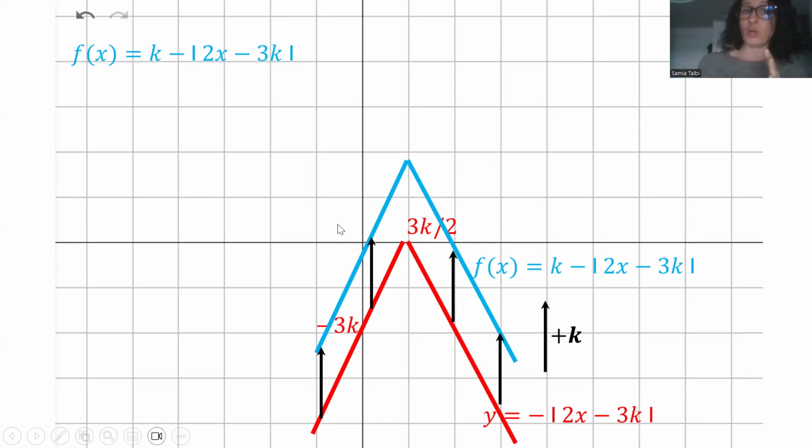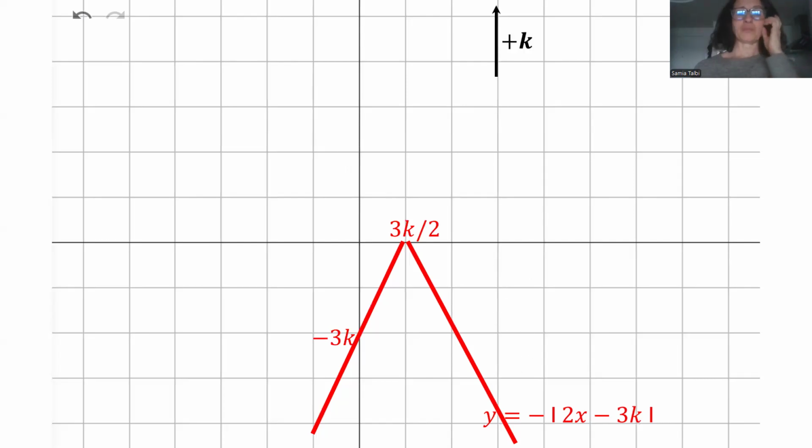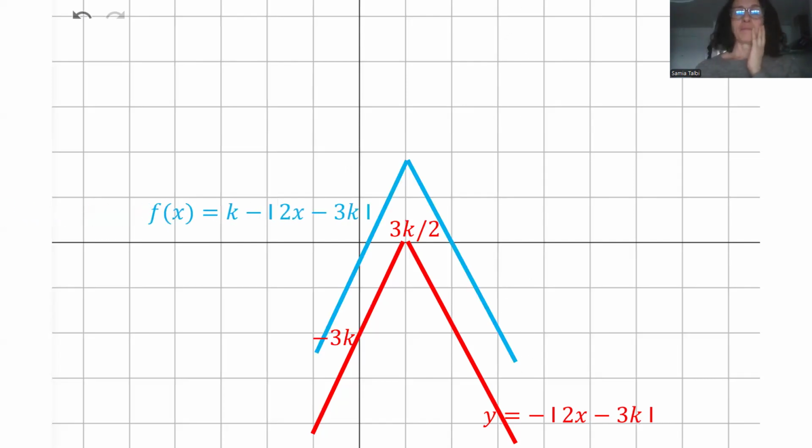It's a 0 y value corresponding to the x being 3k over 2. I'm going to keep as well the y-intercept of minus 3k because all of this will be a great background to continue.